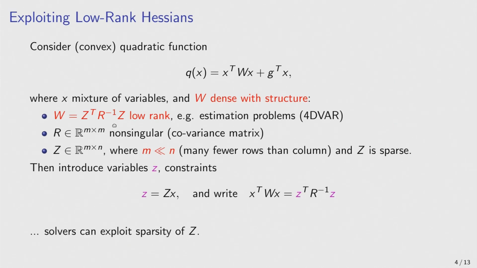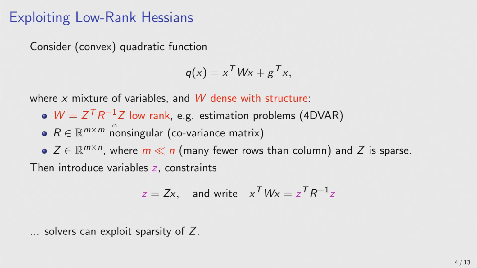Okay, so here's the first small modeling trick, and this is something that arises, for example, in inverse problems. When you prepare weather forecasts, there's a problem called 4D VAR, which is the problem where you assimilate data into your weather model.